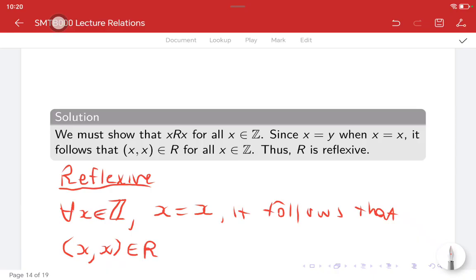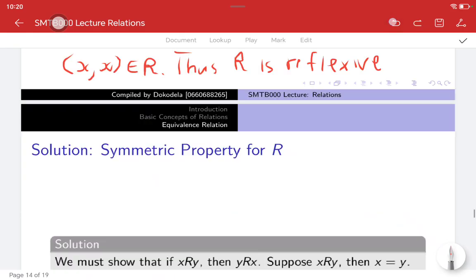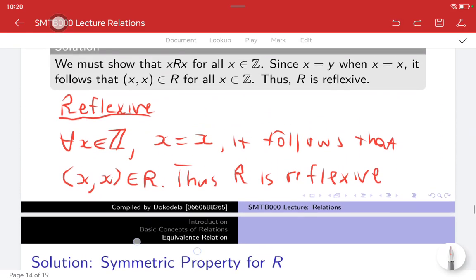So now we have shown that R is reflexive. Thus, R is reflexive. Or instead of writing this one, you can write this one. These are one and the same thing.